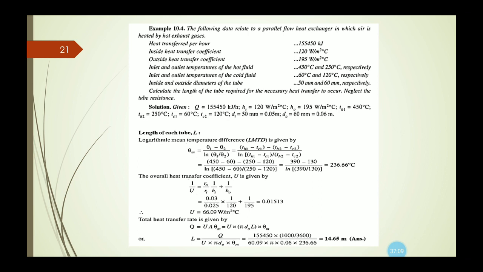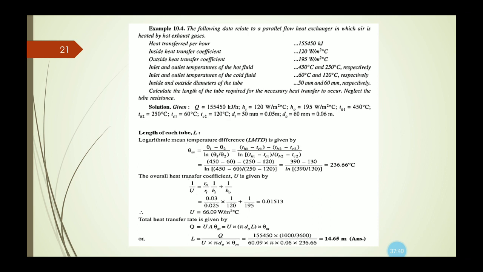TH1 and TH2, the inlet and outlet temperatures of the hot fluid, are 450 and 250 degrees centigrade. The inlet temperature of the cold fluid is 60 degrees centigrade, and the outlet temperature of the cold fluid is 120 degrees centigrade. Di, the inside diameter of the tube, is 0.05 meter, and the outside diameter of the tube is 0.06 meter.